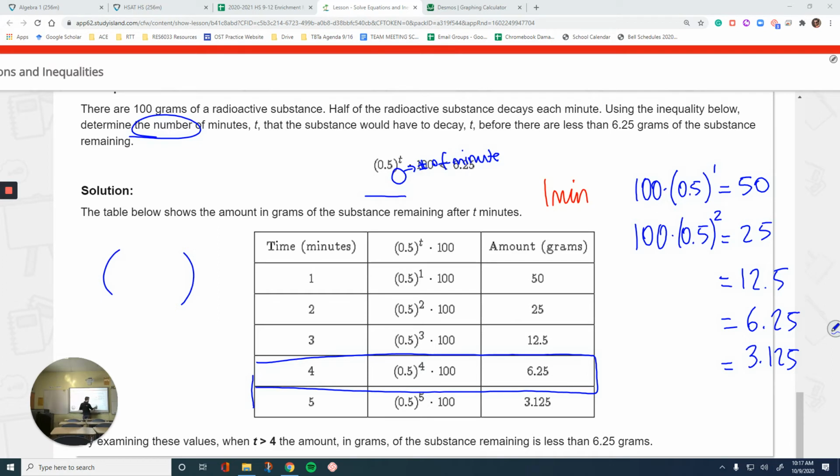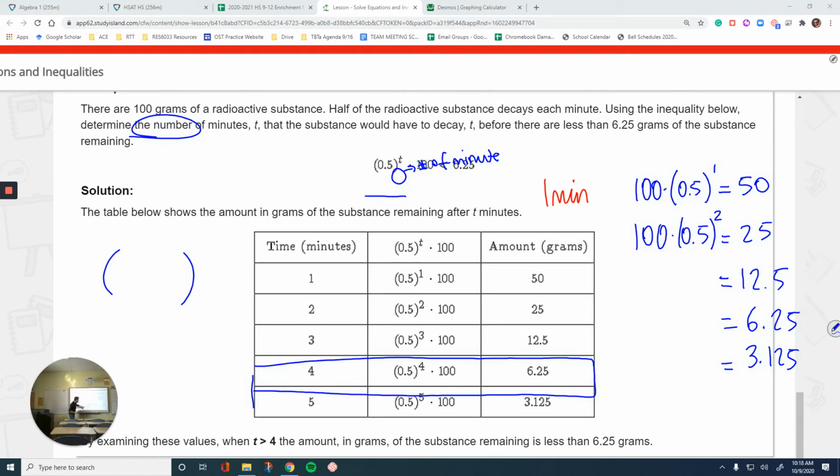So let me see, I'm trying to find the right words for this. If it said how many minutes should have passed for 6.25 grams left, the answer would be t equals 4. For this one here, we're looking for anything that is less than 6.25.